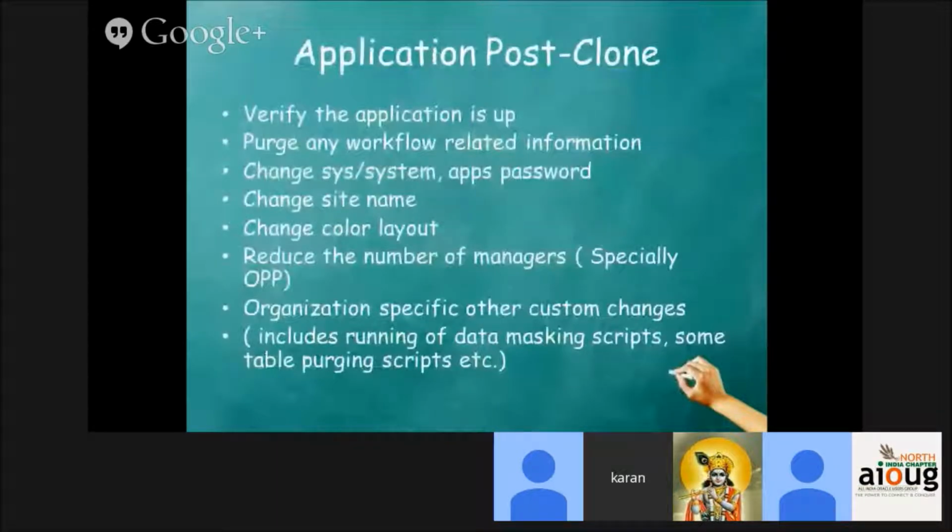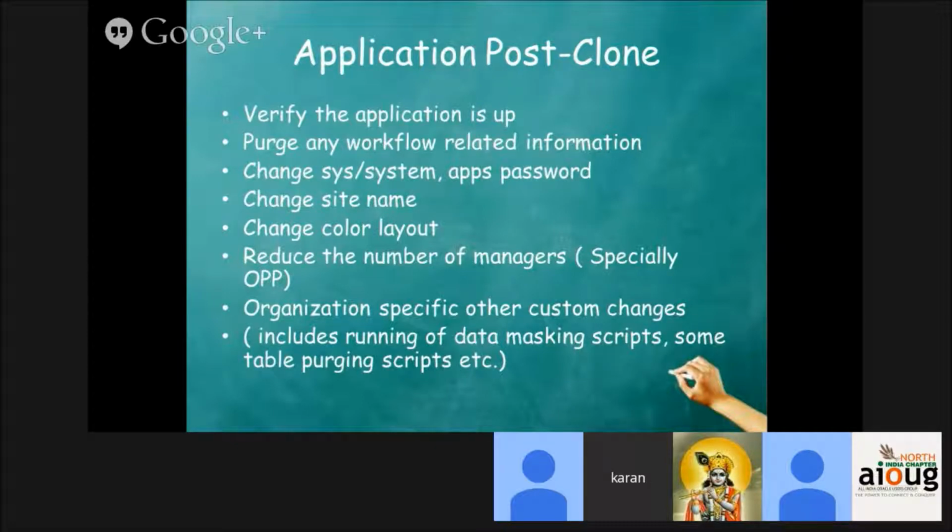So once this is done, then you need to reduce the number of concurrent managers. Concurrent managers are basically processes which cater to your request that you submit from the form. Specifically OPP. OPP stands for Output Post Processor.